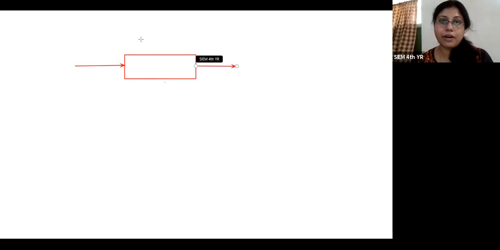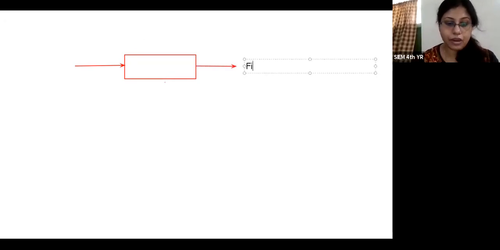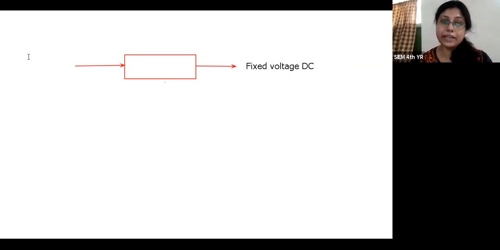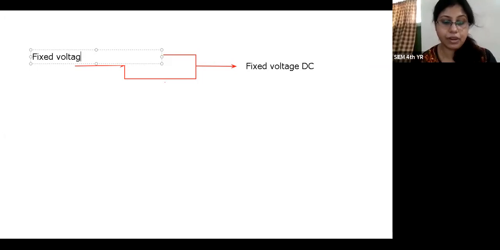So in the output terminal, we want fixed voltage DC. But in the input terminal, we have fixed voltage single phase or three phase AC.